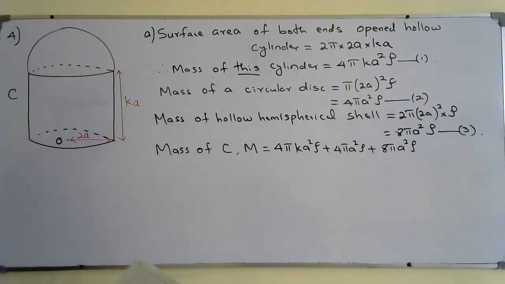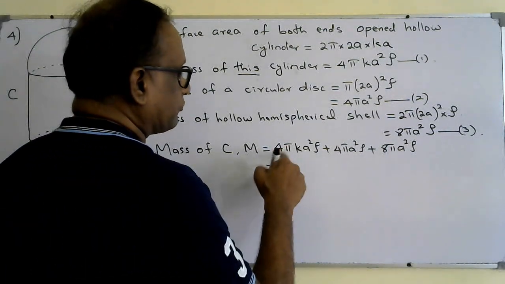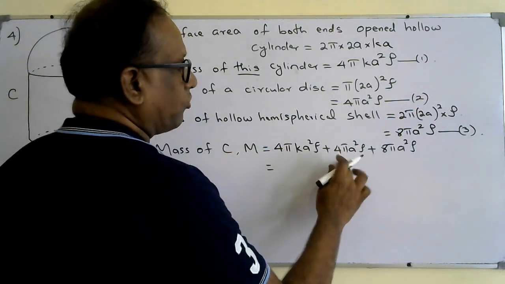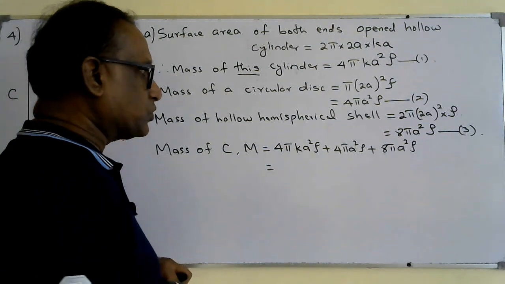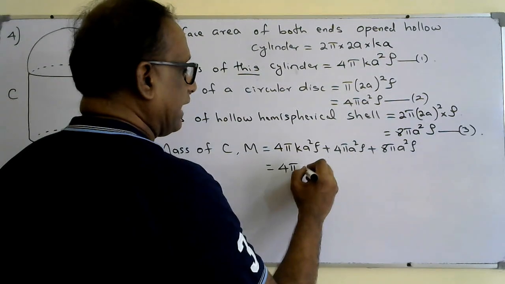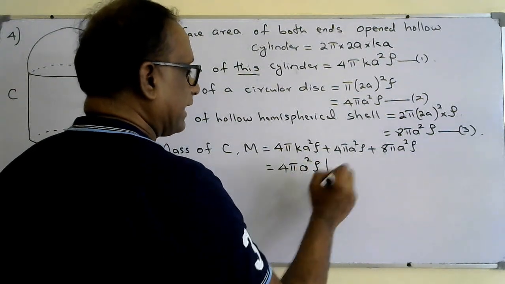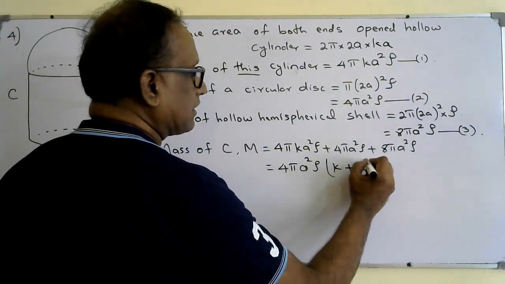So take the 4 pi out. 4 pi Ka squared rho, 4 pi A squared rho, 8 pi A squared rho, it's going to be 12 pi A squared rho. So I can take 4 pi A squared rho out. So it's going to be K plus 3.